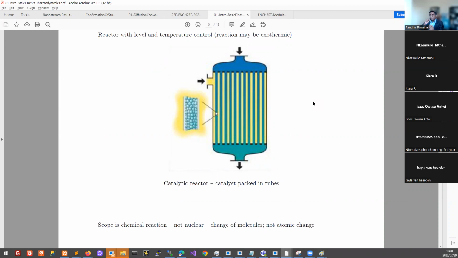So it might be that your reactant reacts and forms a product, but then the product starts to react with the reactants and gives us something that we don't want. So we have to carefully control how long that fluid is flowing through that reactor. And there are a couple of ways to do that. One obvious one is just change the flow rate, right?